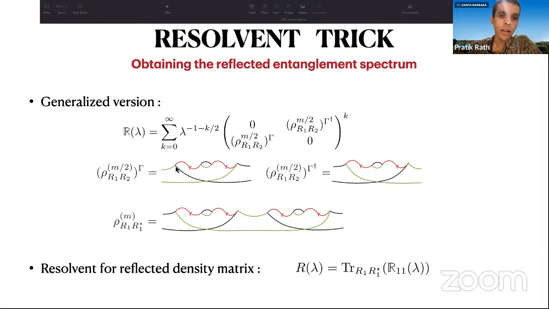So we consider a state that's prepared here, and then its Hermitian conjugate. By tracing out the R2 R2 star legs, we end up with the density matrix on R1 R1 star. In short, a particular component of this resolvent gives us the correct resolvent for the density matrix.